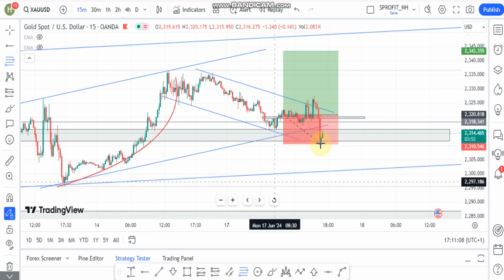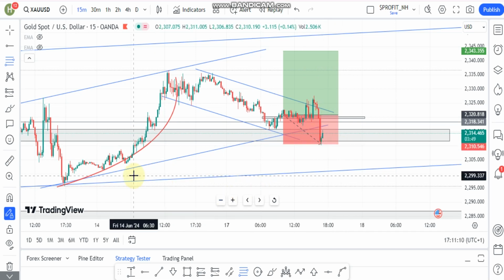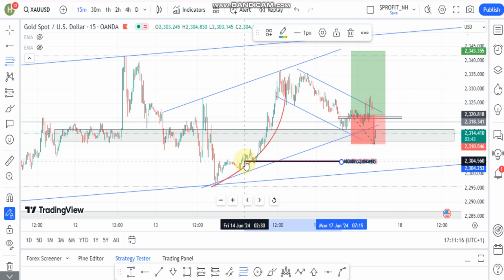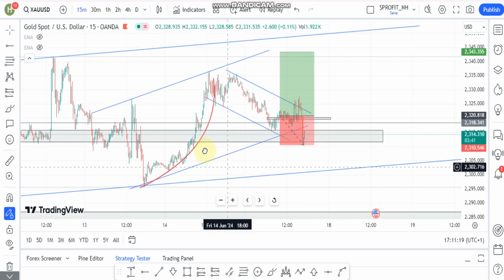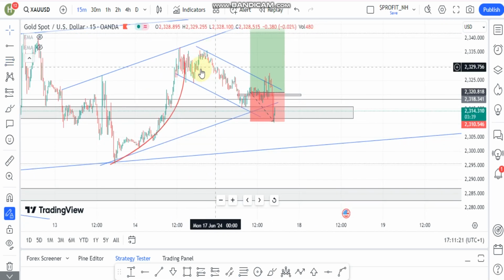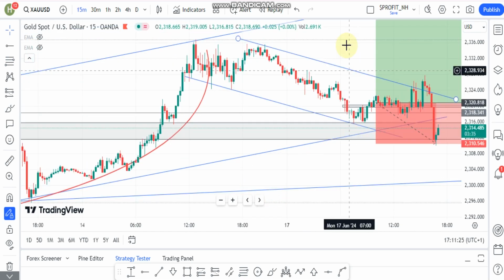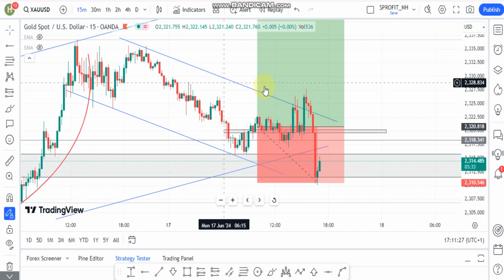So you see, still the market is reacting around this area. What I'm expecting is that this market is still on a downtrend, because from the 1 hour time frame and 15 minutes time frame, the market is playing around these areas, trying to respect these structures, because at this point it gave us the second touch.